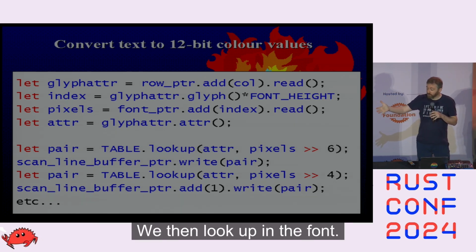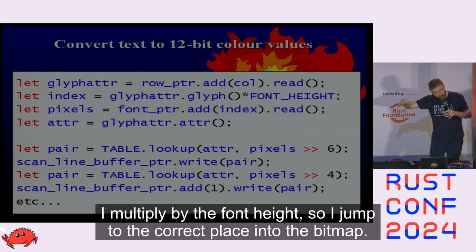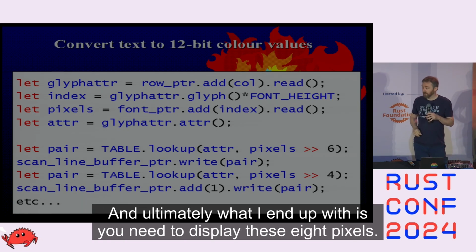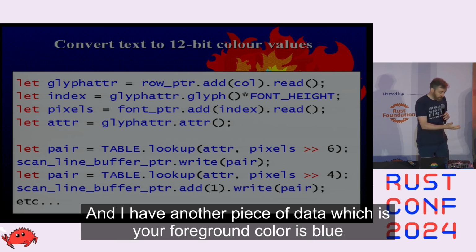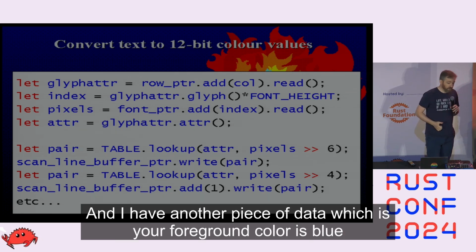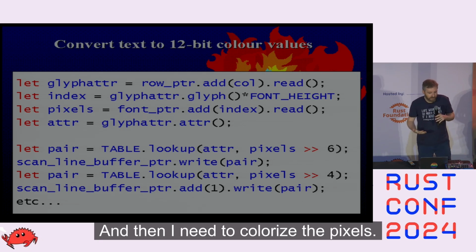We then look up in the font. I multiply by the font height, so I jump to the correct place in the bitmap. And ultimately, what I end up with is you need to display these 8 pixels. Some of them are foreground and some of them are background. And I have another piece of data which says your foreground color is blue and your background color is yellow. And then I need to colorize the pixels.